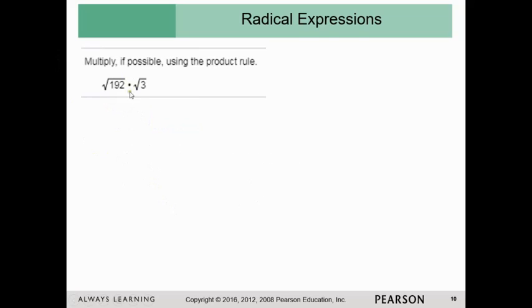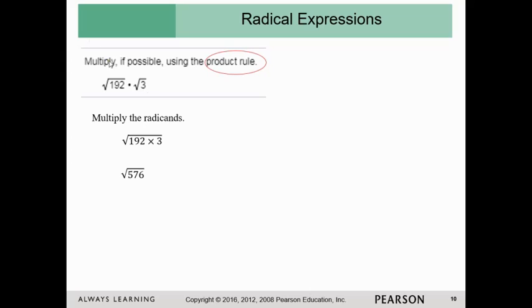So now multiply, if possible, using the product rule. They give you a big hint here. Use the product rule. So remember, with the product rule, we multiply what is underneath the radical. So we're going to multiply 3 times 192 because we're multiplying the radicands, and we end up with square root of 576.